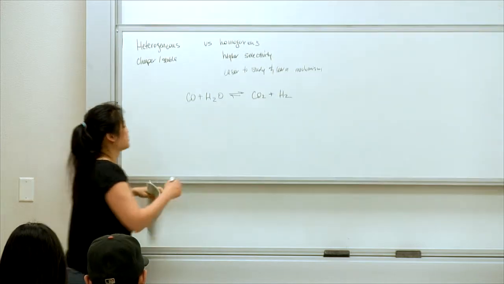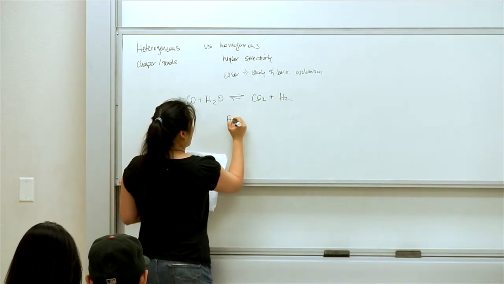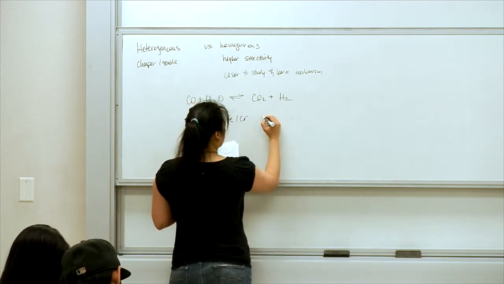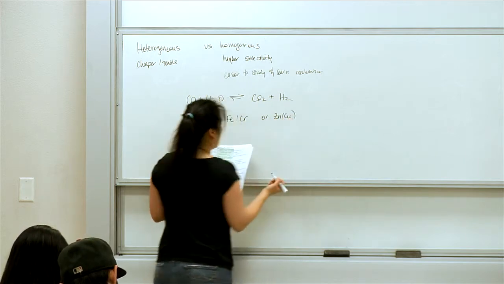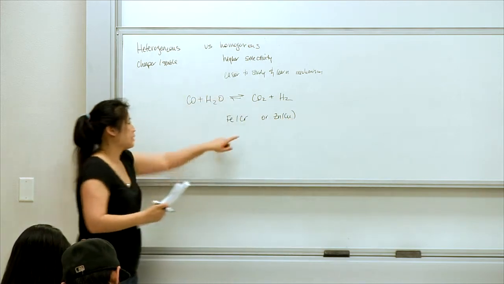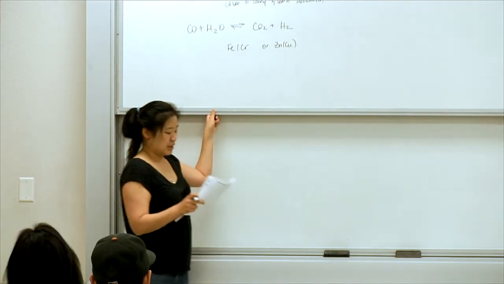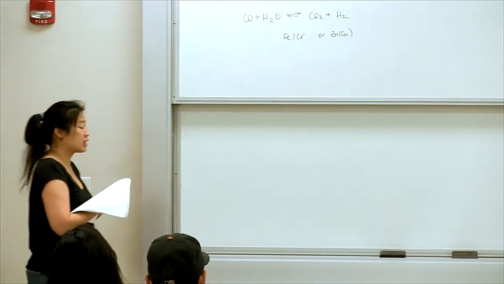The catalyst that's used for this is usually an iron or chromium surface or a zinc copper mixture at high temperature. And so these are heterogeneous catalysts, right, because they're just solid materials. And the question is, how does this reaction work?